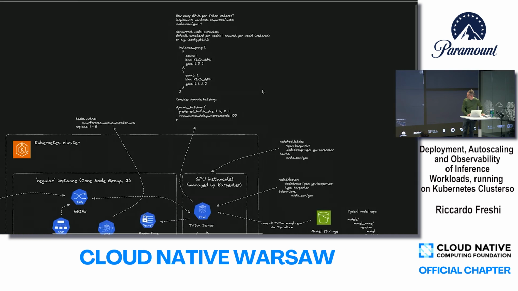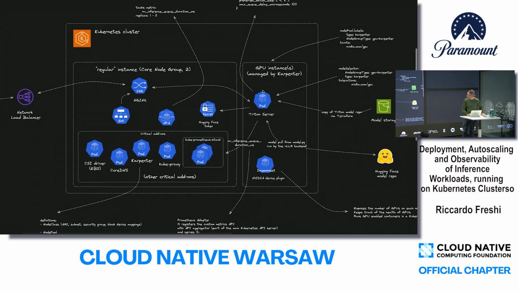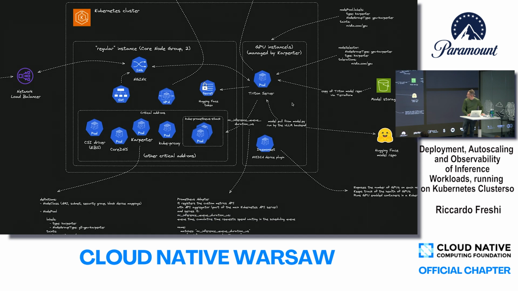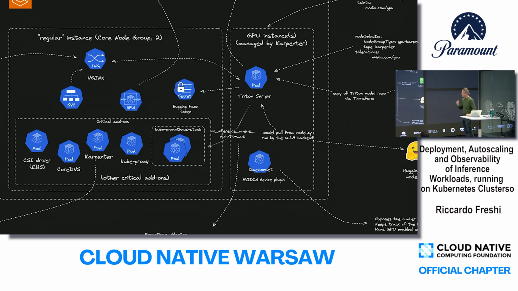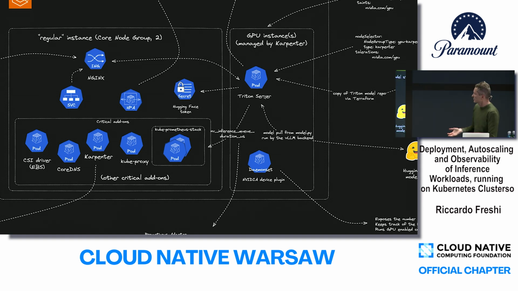So let's go back here, and let's have a look now at this area here, where we have the GPU instances. When you first launch the cluster, if there are no Triton instances launched, that rectangle doesn't exist.